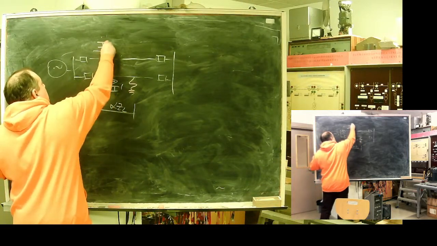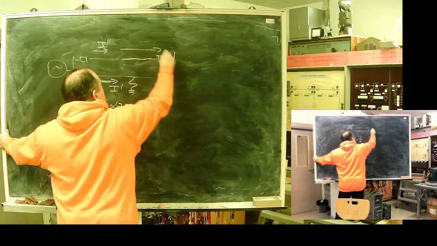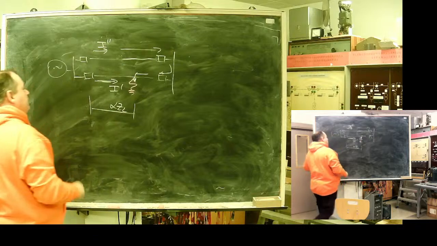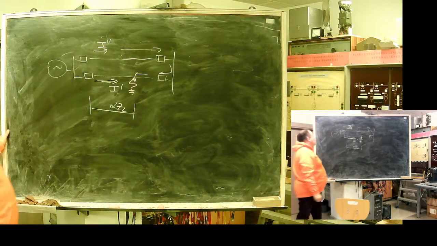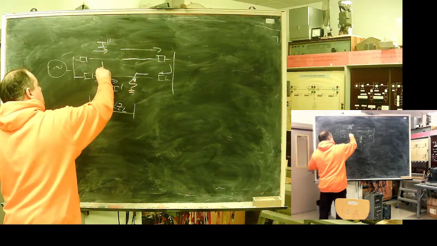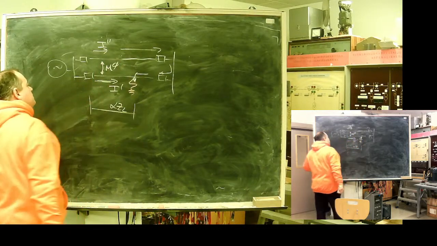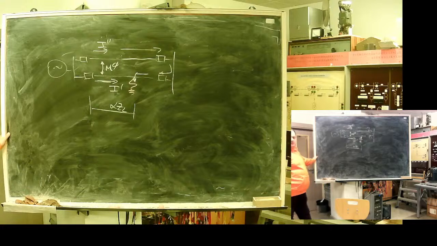There will be a second current, I2. Lines that are parallel are coupled with mutual inductance. This inductance is really accountable only in zero sequence.